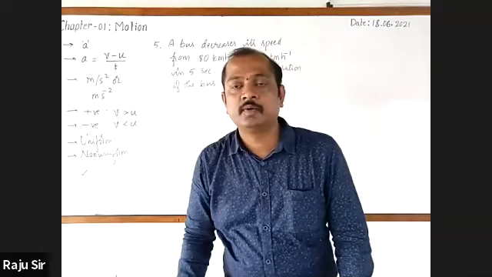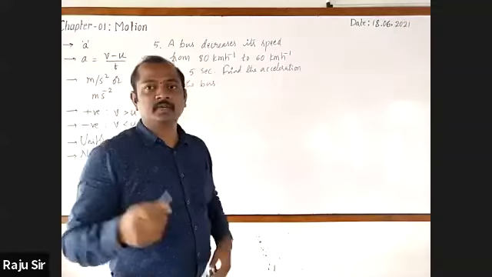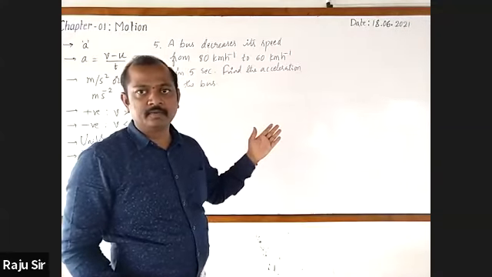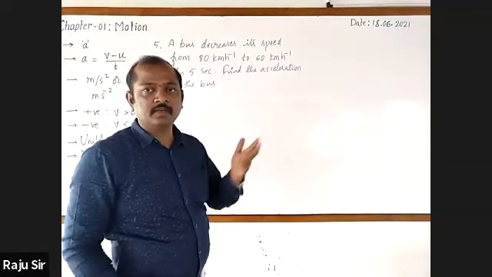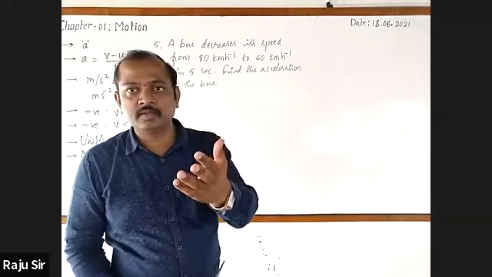Overall, okay. Rakshita B, minus 10 by 9 meter per second square. Wait, it's correct only. Can you hear me?